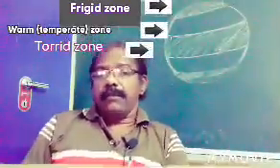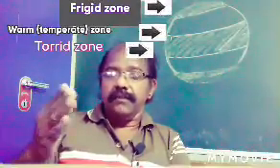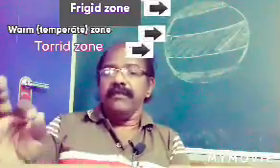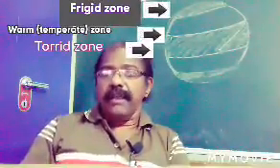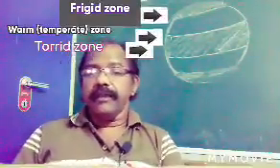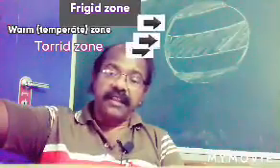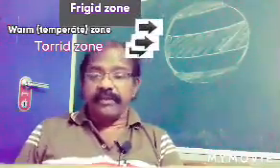Okay, another concept of this wind. Actually, we studied the air moves from dash to dash. Where to where? The air moves from high pressure areas to low pressure areas.